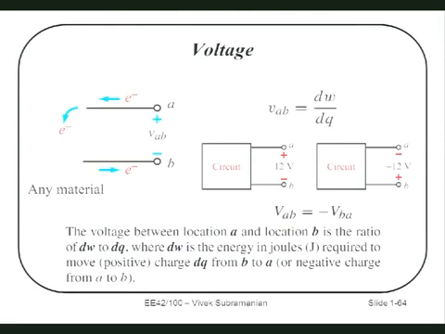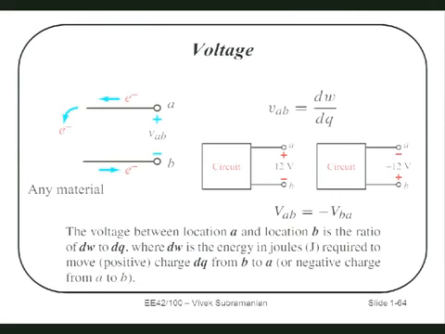So what I can write then is volts is equal to joules over coulombs, or if I write it in a differential sense, the voltage between point A and point B is the derivative of the change in energy with respect to change in charge. So it's dW/dQ.